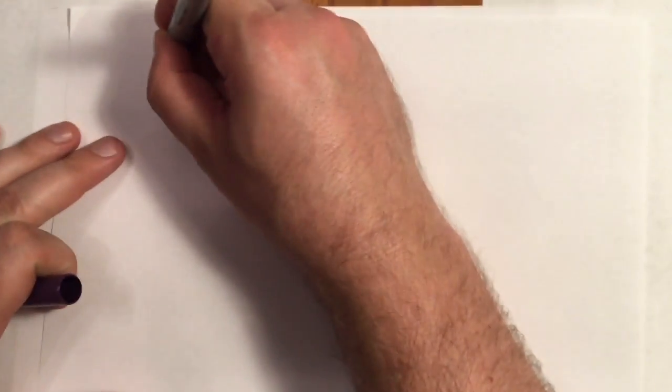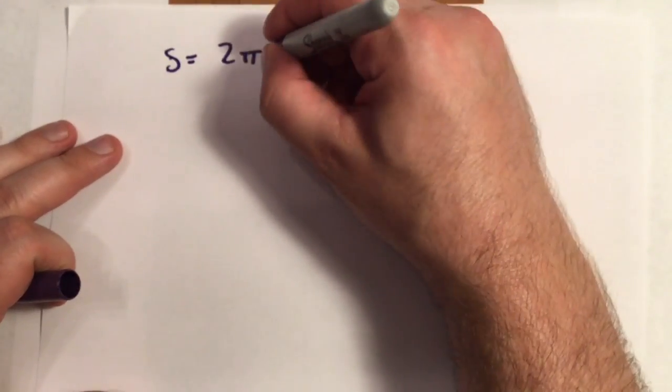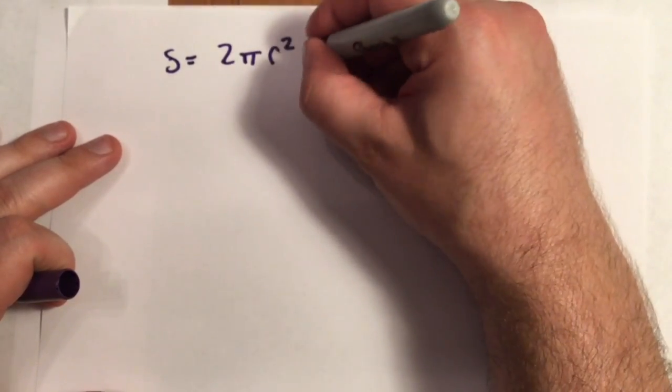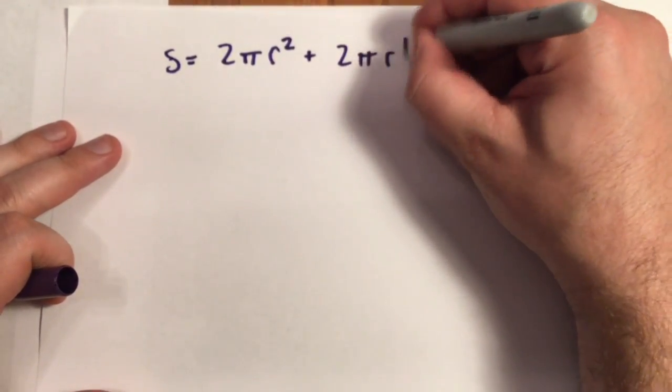Next question, 27. The surface area of a right circular cylinder with height h and radius r is given by the formula S equals 2 pi r squared plus 2 pi r h.